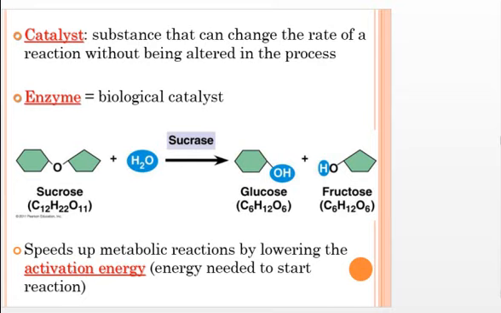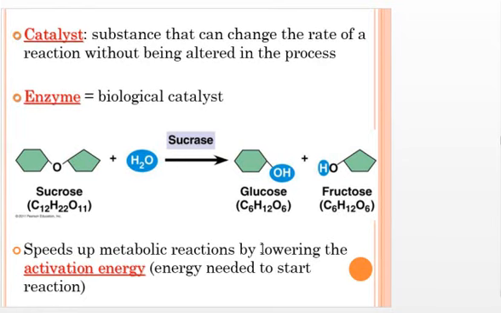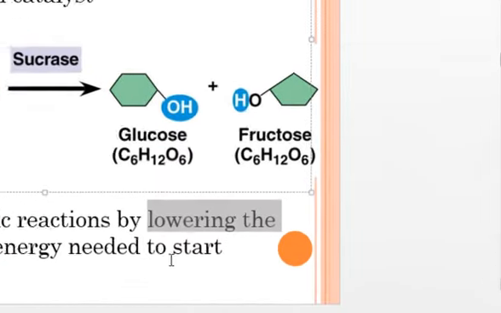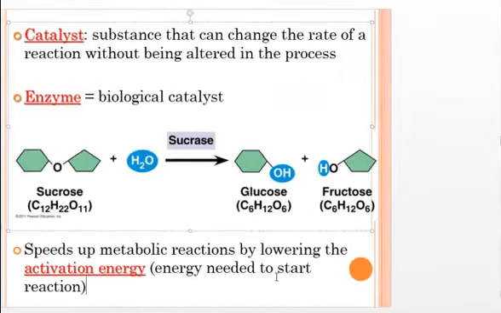Well, basically what they do is they act to speed up reactions, but they don't do that by providing energy, and that's a huge misunderstanding. Enzymes do not provide energy. Instead, what they do is they lower the activation energy required to start the chemical reaction. So the activation energy is the energy needed to start the reaction. And basically, what an enzyme is going to do is it's going to lower the amount that's needed.